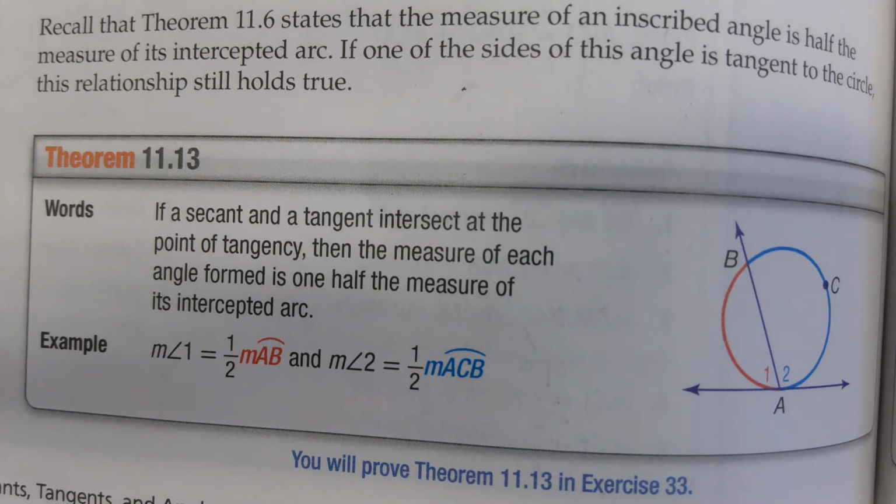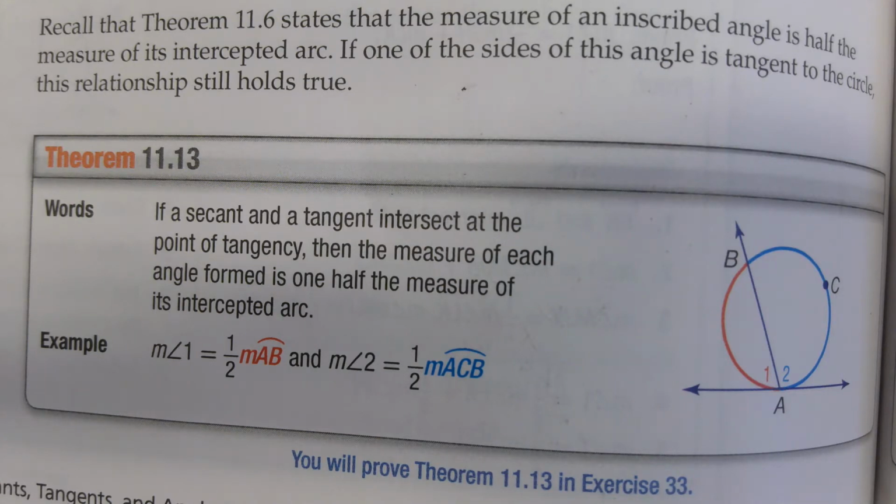Does anyone know what these angles are called? No, they are an acute and an obtuse one, but what are they called? They're inscribed. The theorem also tells you that they're inscribed. The formula is over there.